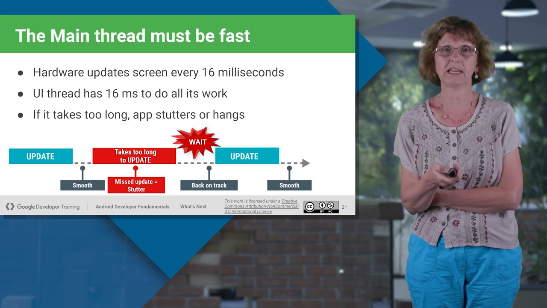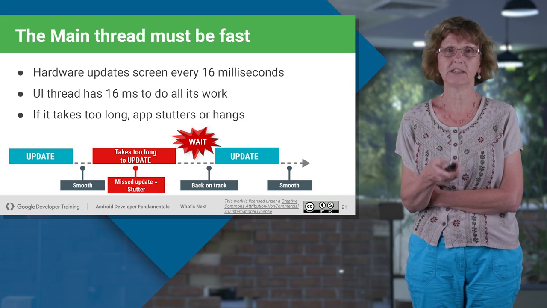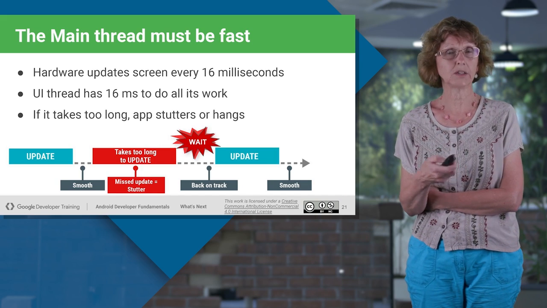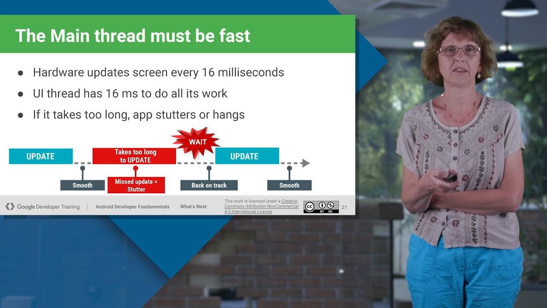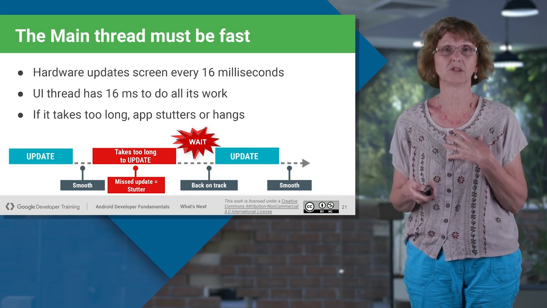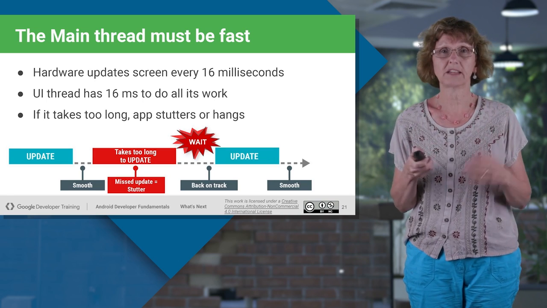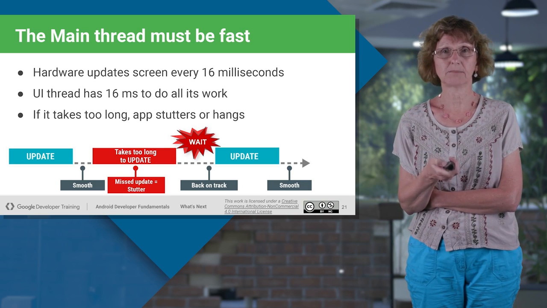So that basically means that the UI thread only has 16 milliseconds to do everything it needs to do between updates. So if the UI is waiting on a task that takes longer than 16 milliseconds, then the screen is not going to be responsive. It's going to stutter. It might drop frames. Worst case, your app might even hang.